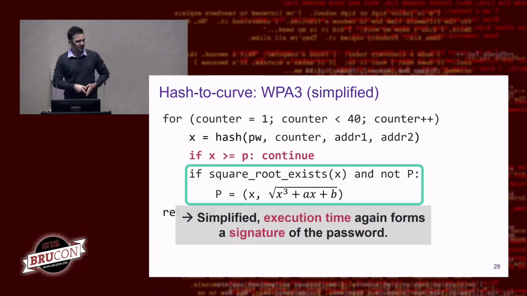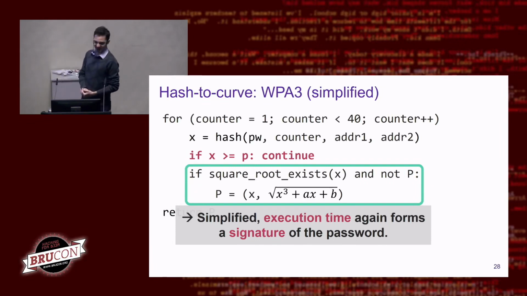And again, this forms a signature of the password. Now, this is simplified a little bit, but the high-level idea is the same. That's again what I want you to remember here. The execution time, so the amount of iterations that are needed, in this case the amount of times that this block was skipped, will again form a signature of the password. We can take this signature offline to then perform dictionary or brute force attacks.